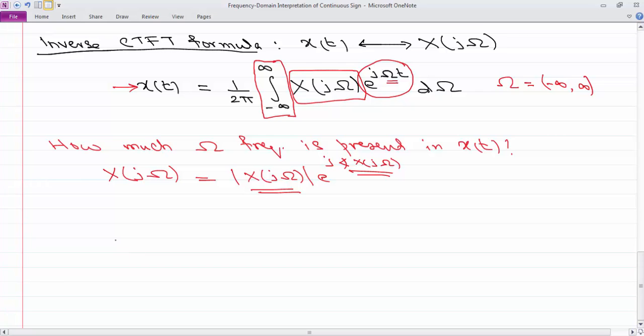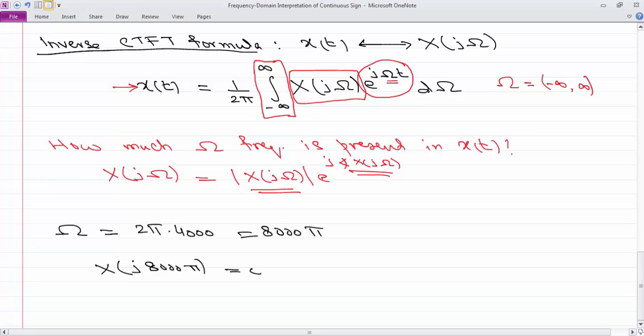To find out whether it has 4 kilohertz present or not, you evaluate the Fourier transform at omega equal to 2 pi times 4000, or 8000 pi. So you compute x of j 8000 pi. If this is 0, then this means that x of t has no 4 kilohertz component in it.